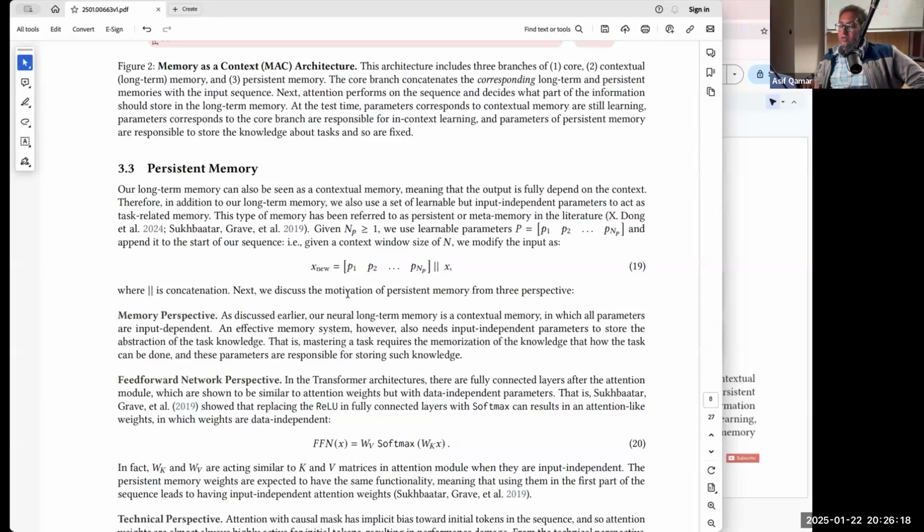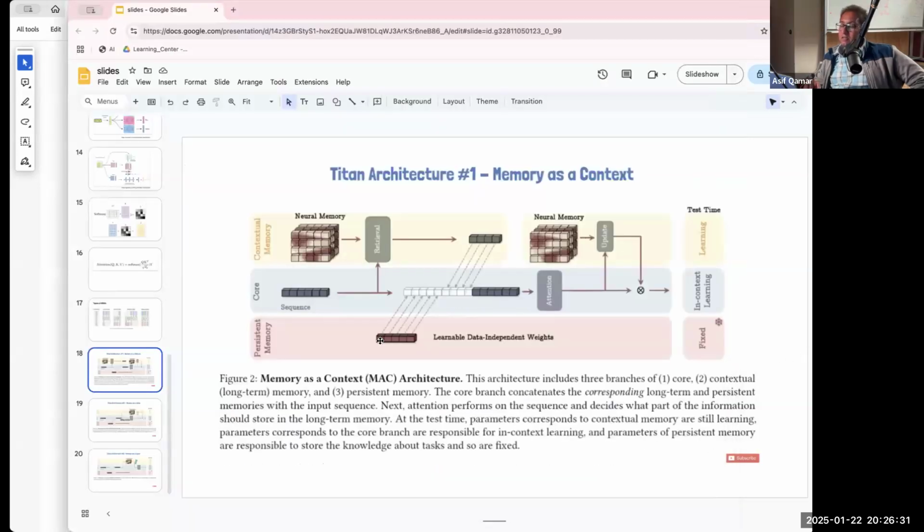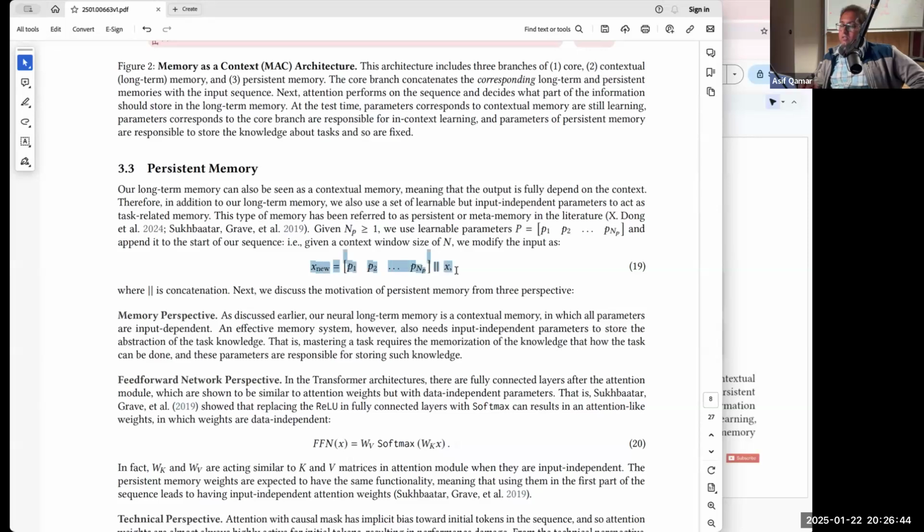If you look at the equation, what they're saying is all the information from P1 to P, where P means persistent, is concatenated with X. You can imagine this in the diagram: all this information, these tokens, are merged with the input sequence. That's what this equation is. The new X is formed.